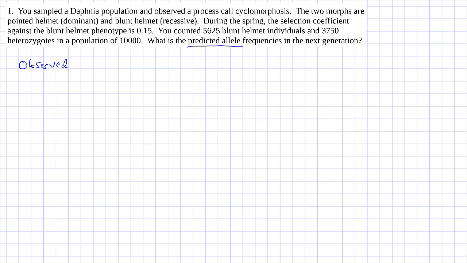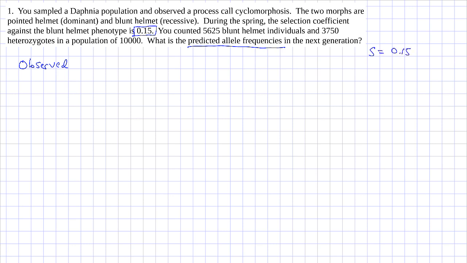This predicted allele frequencies tells us that we're going to calculate P and Q. Now, in this problem, I tell you this number, the selection coefficient. So in the problem, our selection coefficient is 0.15.